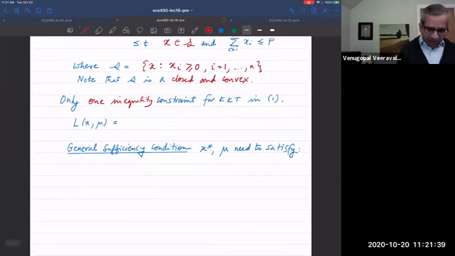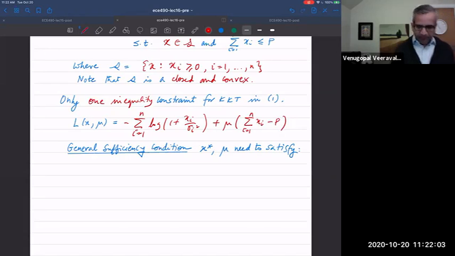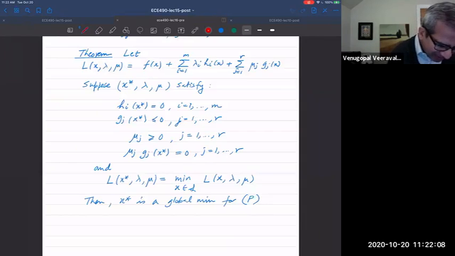So the Lagrangian involves the function sum of log of 1 plus xi over sigma squared, plus mu times the constraint function, sum over i equal to 1 to n of xi minus p. So we have just one mu.